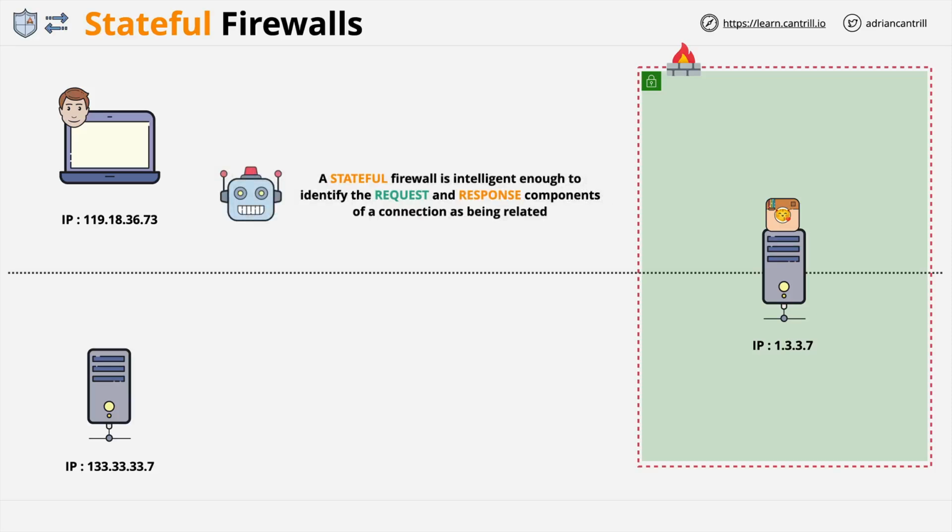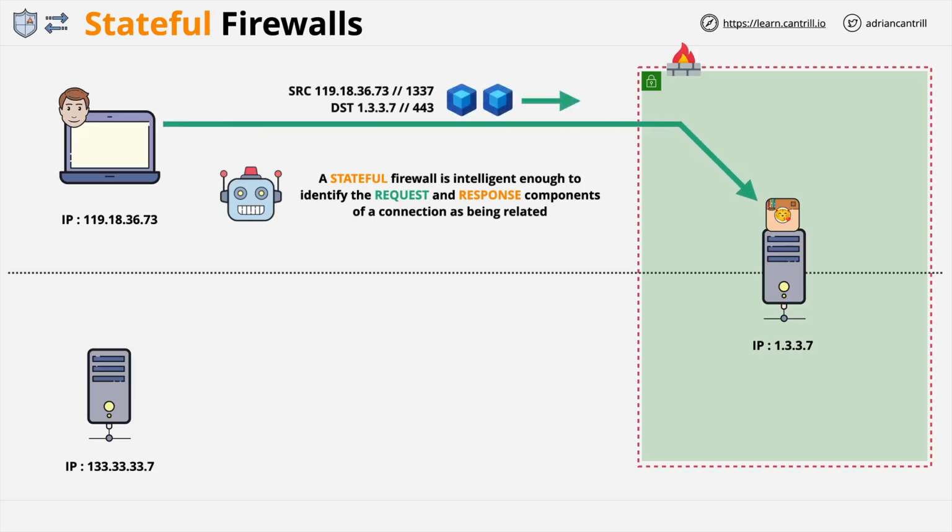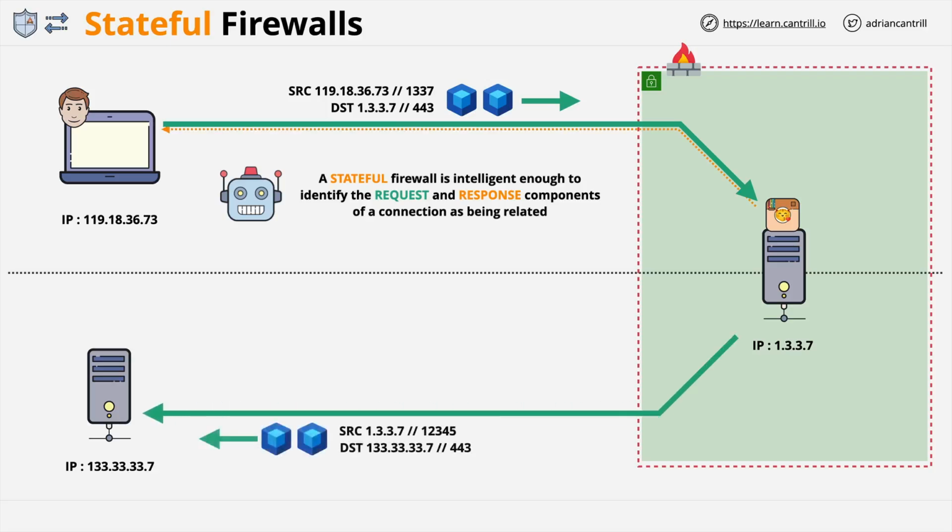Since the ports and IPs are the same, it can link one to the other, and this means that for a specific request to catagram from Bob's laptop to the server, the firewall automatically knows which data is the response. And the same is true for software updates. For a given connection to a software update server, the request, the firewall is smart enough to be able to see the response, so the return data from the software update server back to the catagram server.